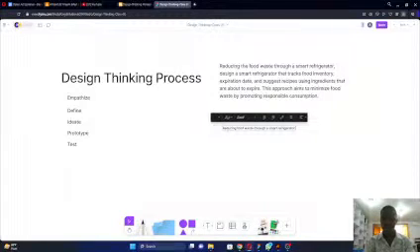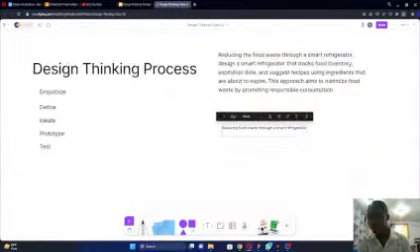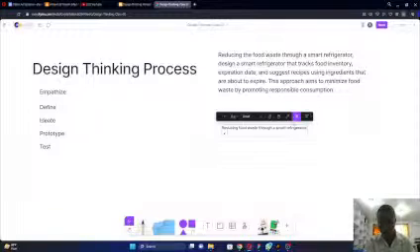Refrigerator, then you need to conduct research. First of all, you conduct research with them. Research like your interview, you conducting interview, survey, etc.